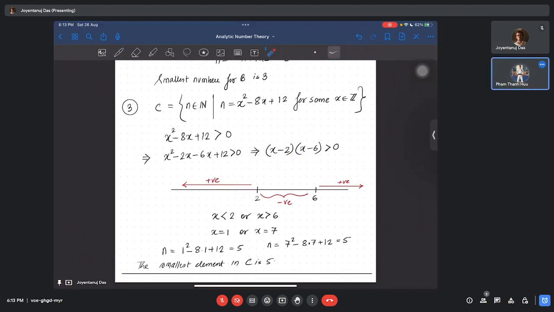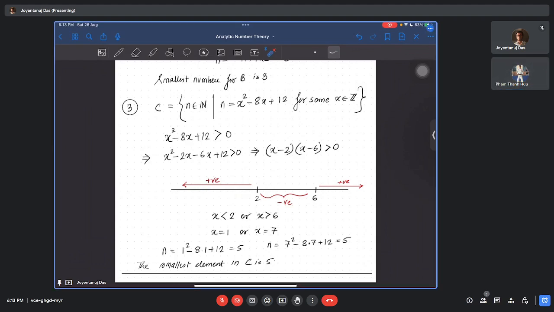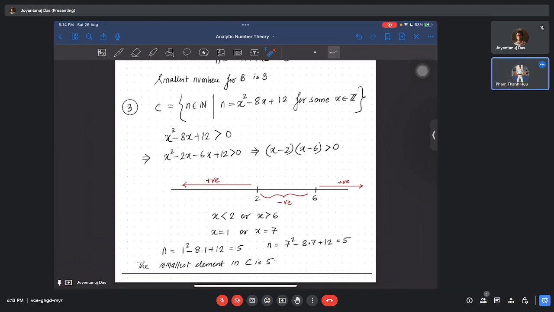Yes, 1 also gives the smallest one, it is fine. It is symmetric.